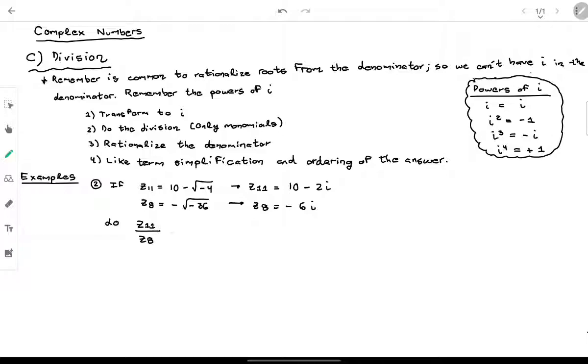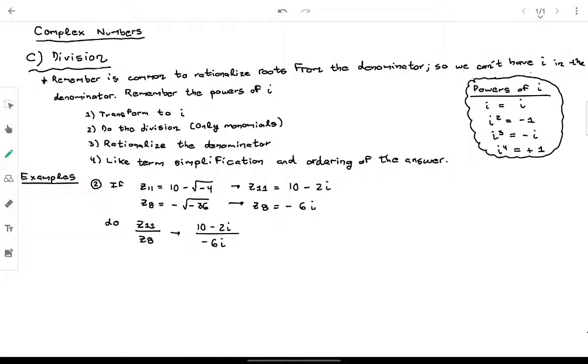So in this case, C11 is 10 minus 2i, all of it divided by minus 6i. Of course in this case we cannot cross the i with the i because we have addition and subtraction on the top. We have a binomial divided by a monomial, so in this case we cannot eliminate the i.